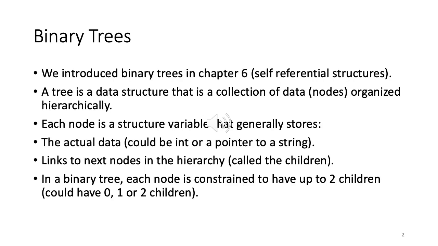Okay. So as it says in the first point, we introduced binary trees in chapter number 6, self-referential structures. So we call it self-referential because recall how a node was defined, right? Struct node, right? So the way it was defined was it was a structure, complex data type.